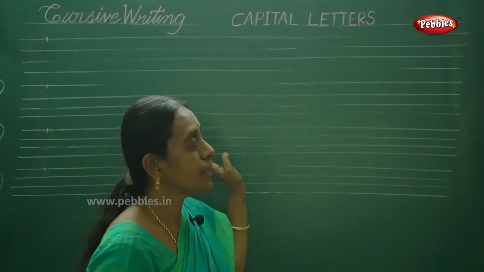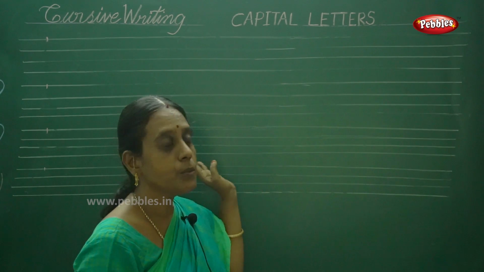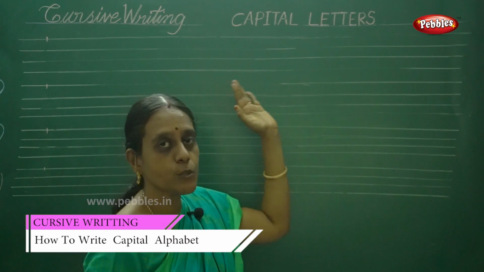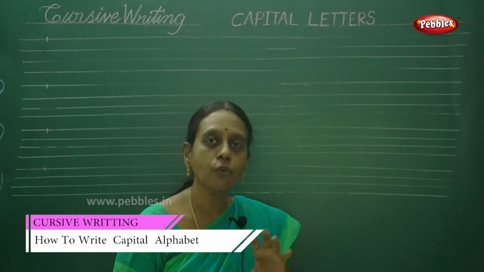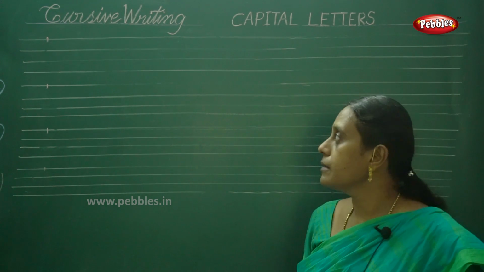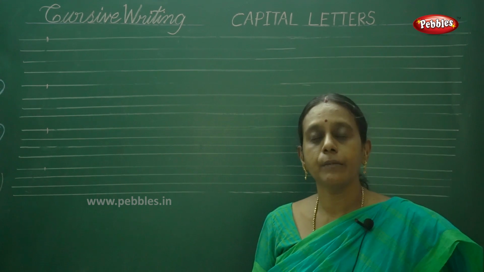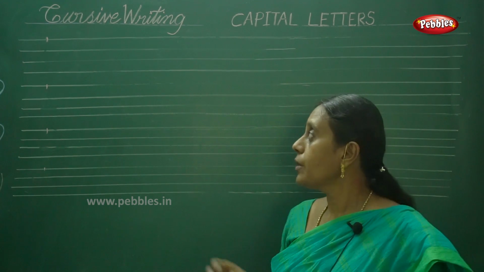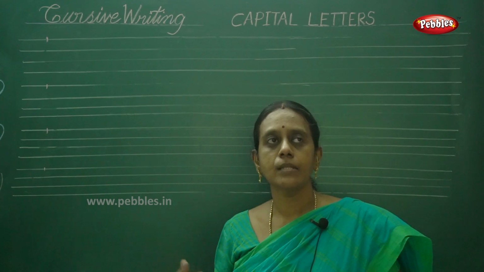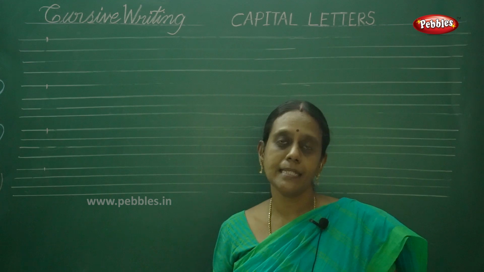Good evening. Today we are going to write capital letters among alphabets A to Z. It's a kind of font that is capital. It makes your handwriting more beautiful while you are writing composition notes or any other headlines or topics of your essays.